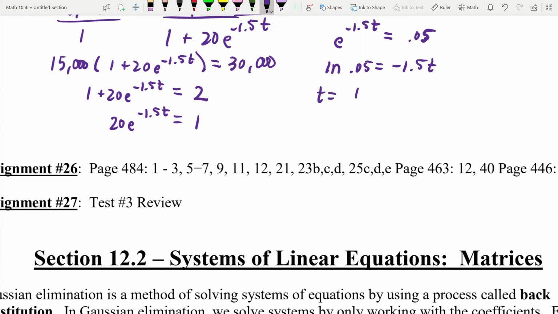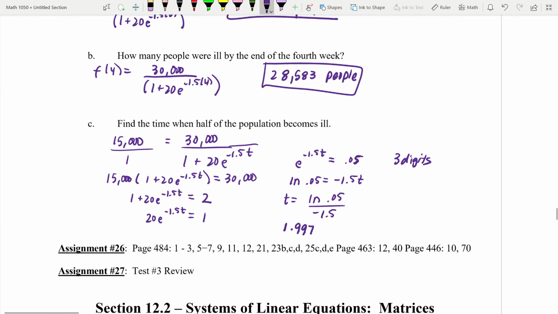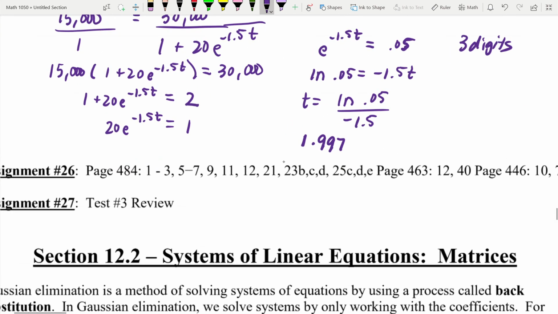To solve for t, it's ln 0.05 divided by negative 1.5. Grab your calculator. ln 0.05, close it, divided by negative 1.5, hit enter. We're going to go 3 digits, and it's going to be 1.997. This is time, and it's in weeks.